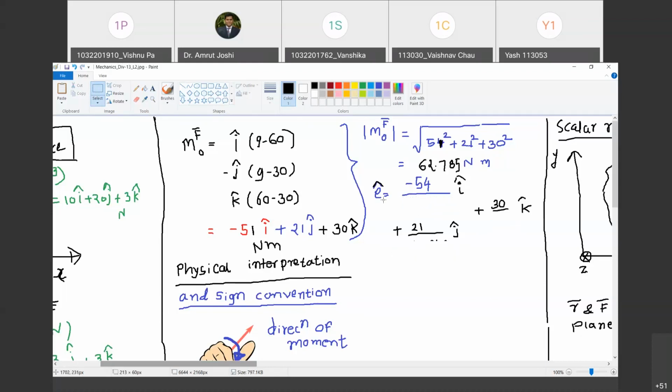Sure. So how do I write unit vector? Unit vector will be equal to each component, that is coefficient of i, j, k divided by the magnitude.